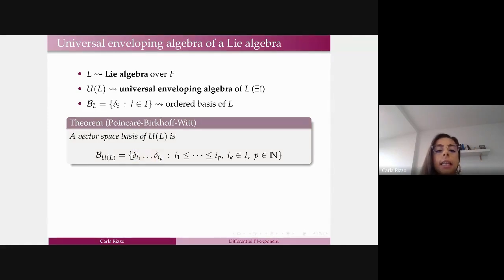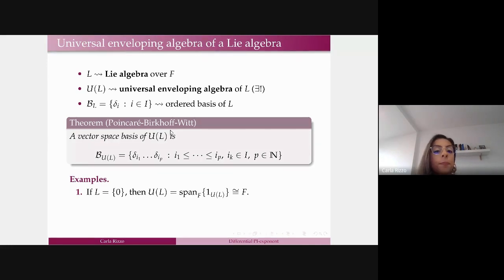So basically it is products of derivations where the order matters, so ordered monomials in the elements of L. And this is really strong, it's a really useful property. Whenever we have a Lie algebra and an ordered basis, we can find a basis of the universal enveloping algebra.